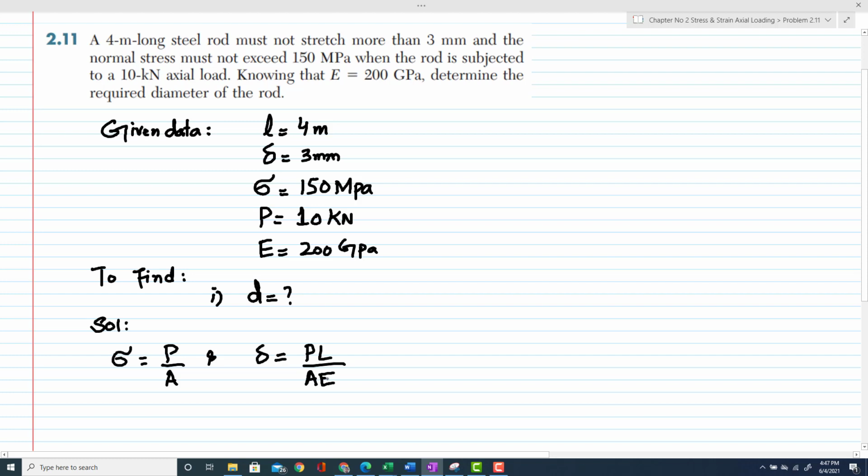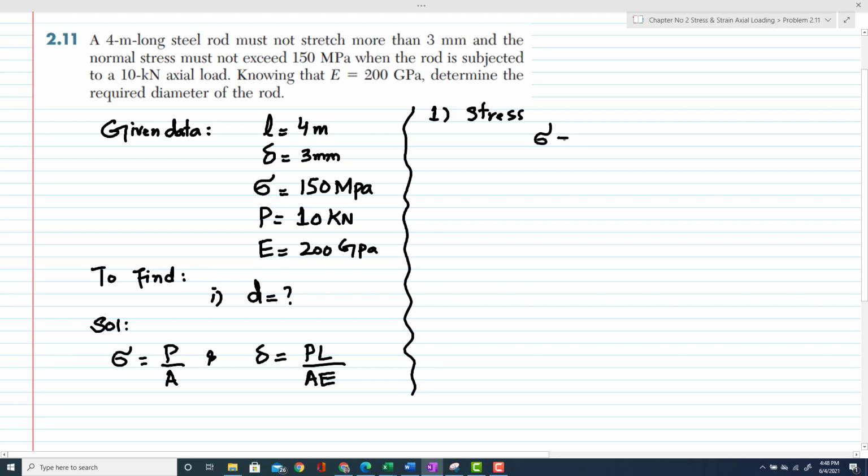Now from both formulas you can see we can calculate the area and then from area we will get the diameter. Let's start with number one. First criteria, we will calculate the diameter depending upon stress.